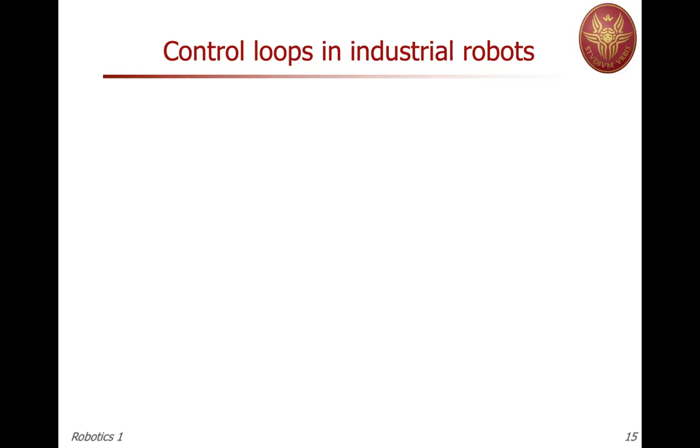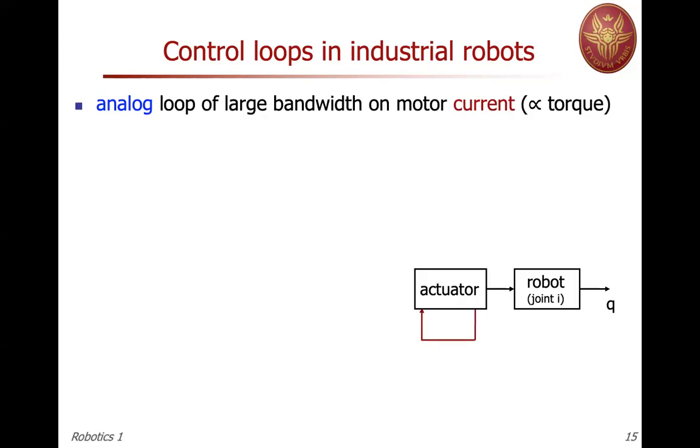Okay, so how are they done in general? And this is nothing else than the generalization of this simple Simulink block that we have seen so far. So we start with the robot, and in particular, we start with the robot joint by joint. So joint by joint, in the sense, in the actuator space, where the actuators is located, and we assume for the simplicity that there's one actuator for each joint, even if it's not located directly at the joint.